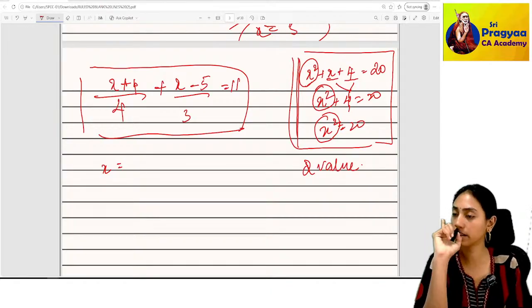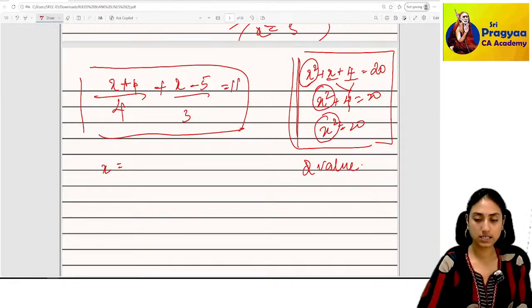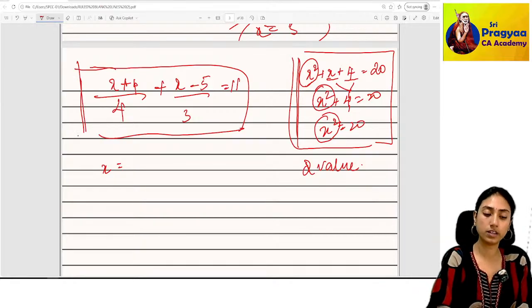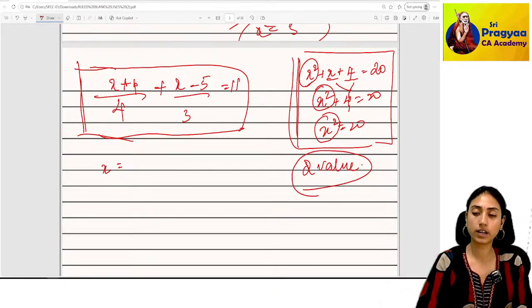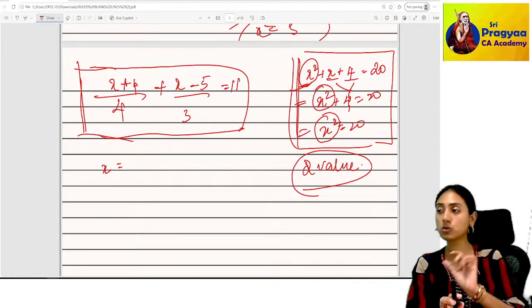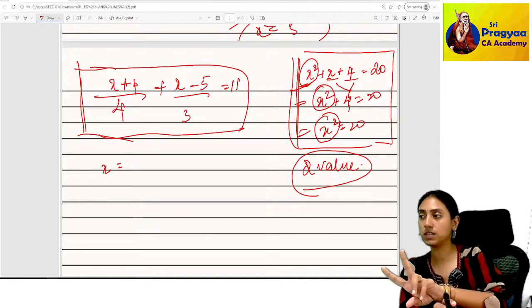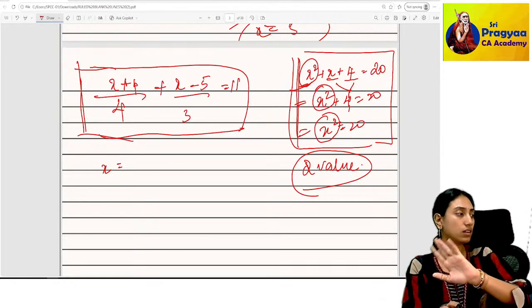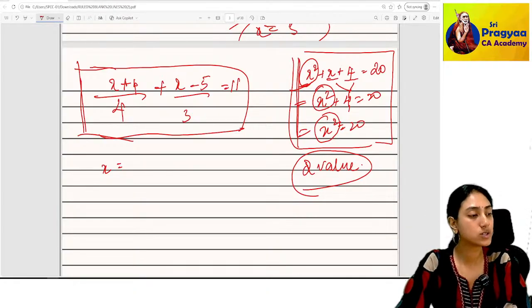There will be strictly one number, and the equation will be true only for that value of x. But whenever it comes to a quadratic equation, any particular quadratic equation will be true for two values of x. There could be two possibilities. Got it? So far clear? Any doubts so far?